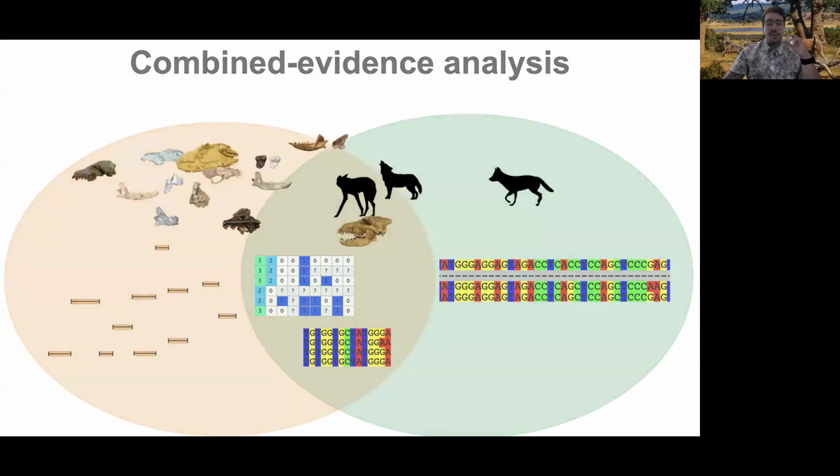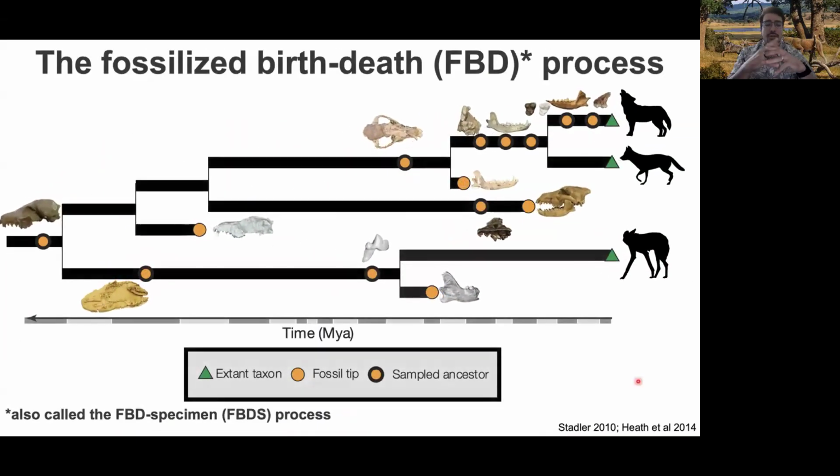And in this world, you could use this very powerful model called the fossilized birth death, or FBD process, to build your tree. FBD is sort of a spiritual successor of node dating methods, where you would simply use fossils to calibrate your nodes. We call these types of methods tip dating now, where you're actually putting your fossils into your tree explicitly.